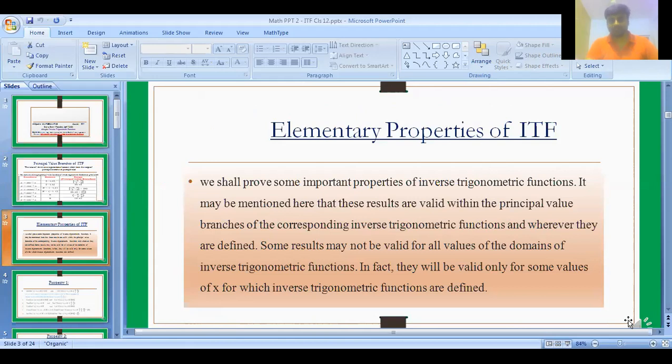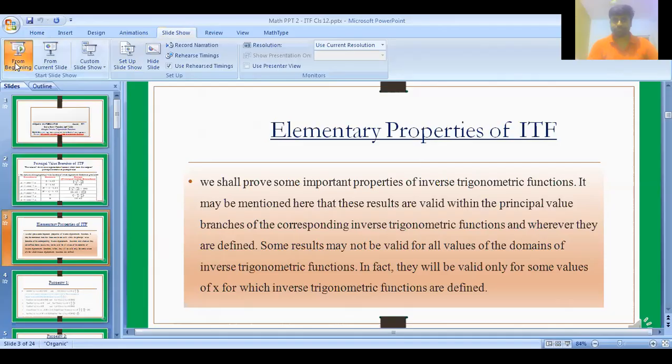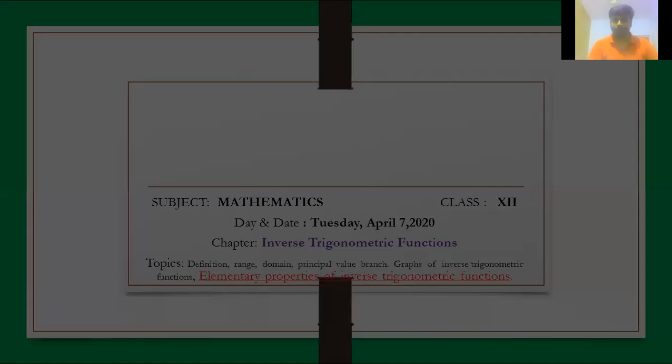In fact, they are valid only for some values of x for which the inverse trigonometric functions are defined. Let us go forward to discuss some properties which are very important in solving problems for any model in this chapter. Let us go to the next property.